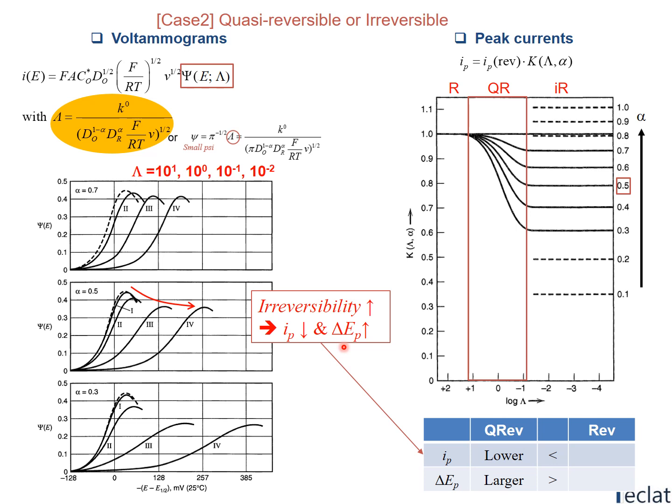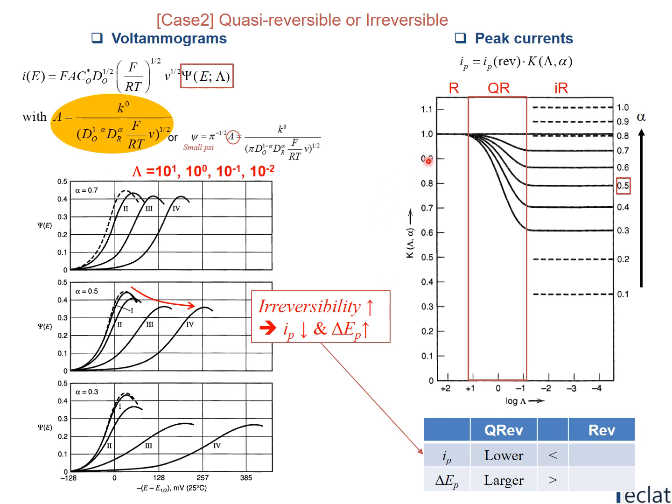Again, if you have some irreversibility, you could expect lower peak current and a larger peak-to-peak potential gap when compared with the reversible system.